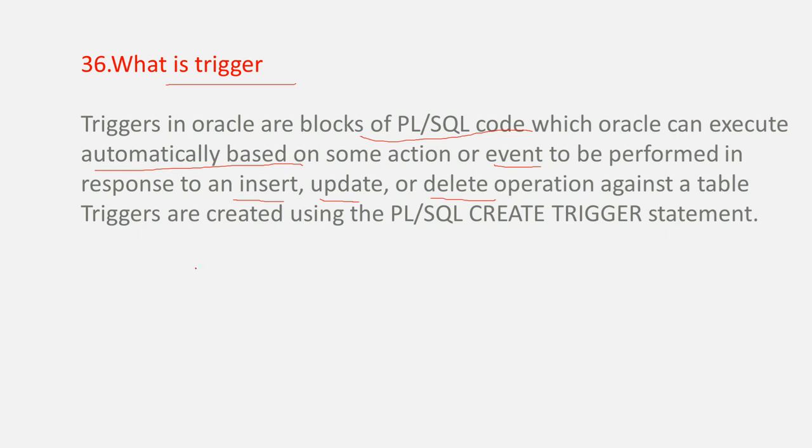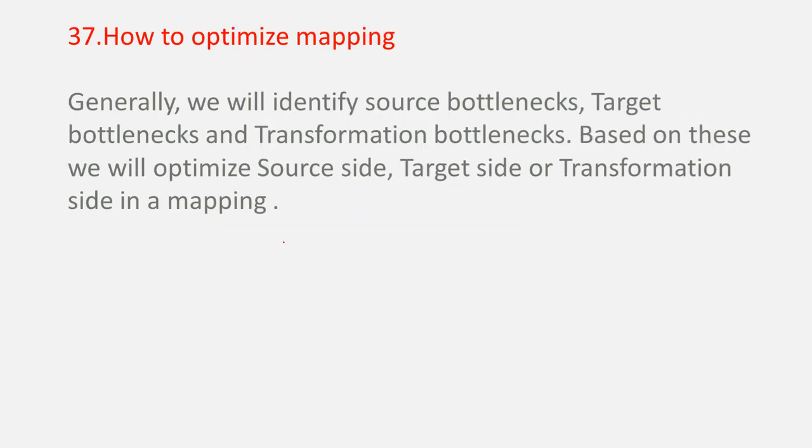Triggers are created using the PL/SQL CREATE TRIGGER statement. By using triggers, we can do insert, update, delete. So it is an action or event of insert, update, delete that is called a trigger.